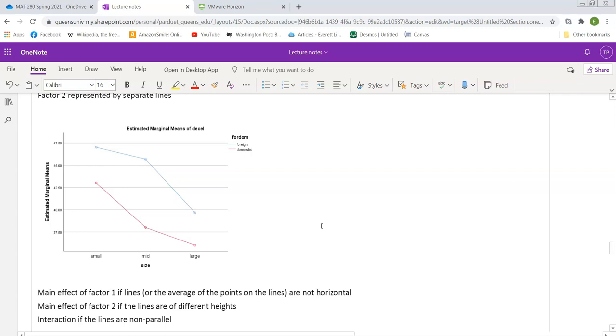But that's my opinion of it. What this tells us is that for both foreign and domestic cars, small cars have the highest chest deceleration, followed by the mid-sized cars, followed by the large cars. And that's true for all of them, which means that the foreign cars aren't behaving differently on that from the domestic cars.